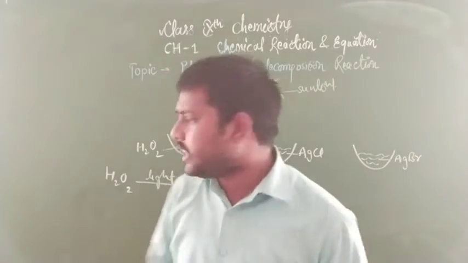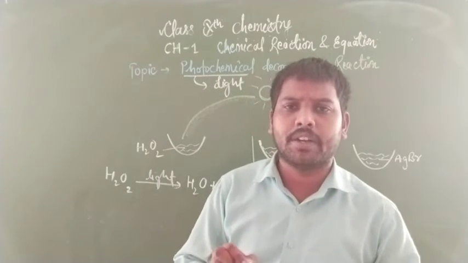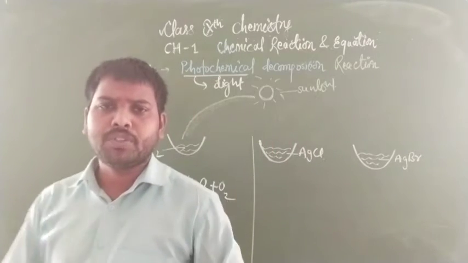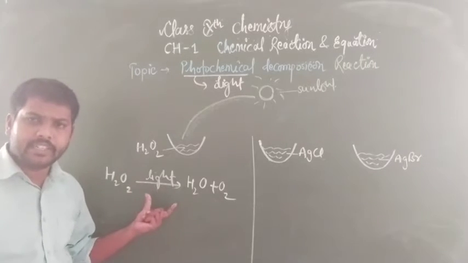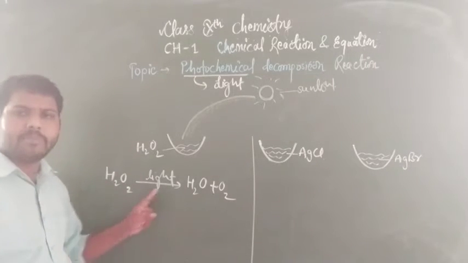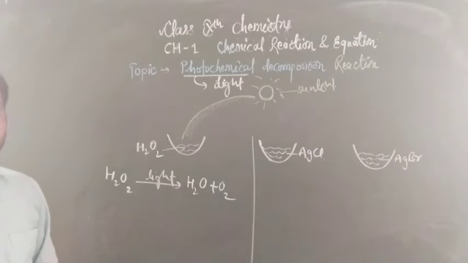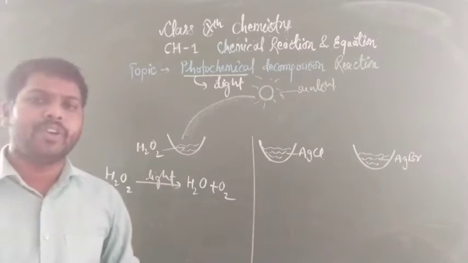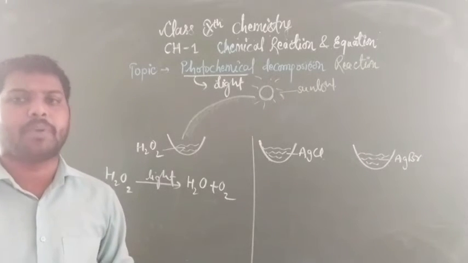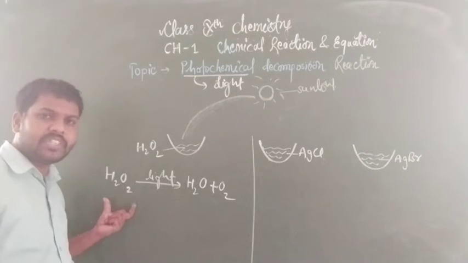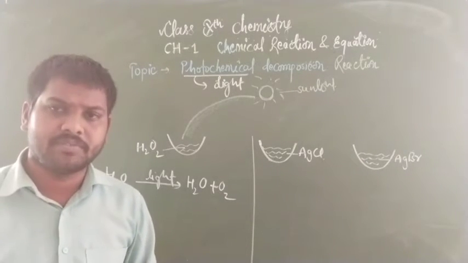Clear children? That is why hydrogen peroxide is always kept in dark colored bottles. Because when it comes in contact with the light, this compound breaks and gives water and oxygen. So you can say that in order to prevent photochemical decomposition or breaking of the compound, this compound is always kept in dark colored bottles where the light cannot reach.